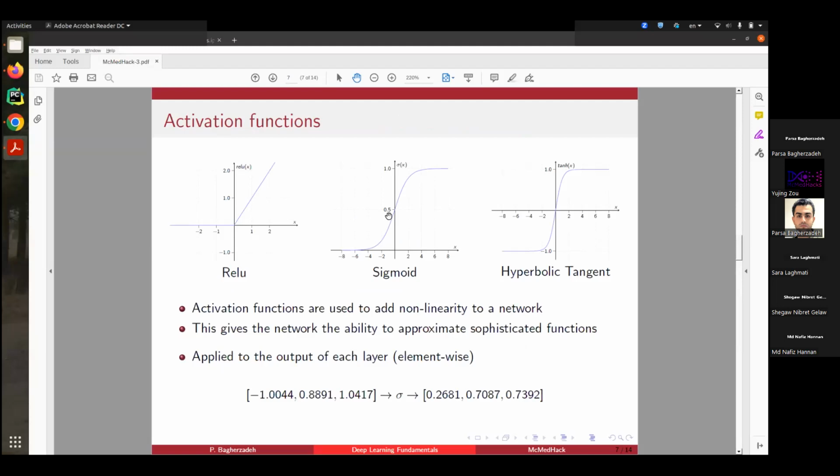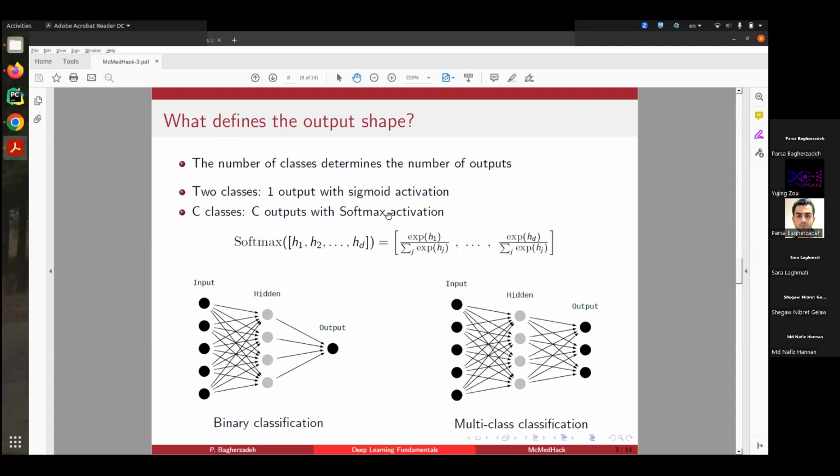Okay. A very important question: I told you not to worry about the shape of the output and the number of outputs, but for a classification problem at least, we can later talk about regression problems as well. I know that Dr. Azizi, in the previous session, talked about classification and regression problems, and the difference between the two settings.